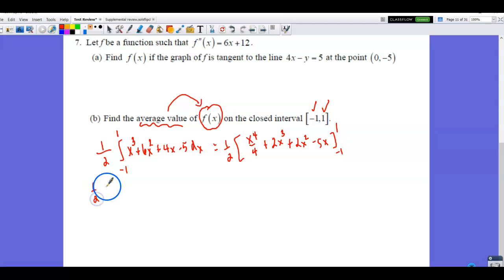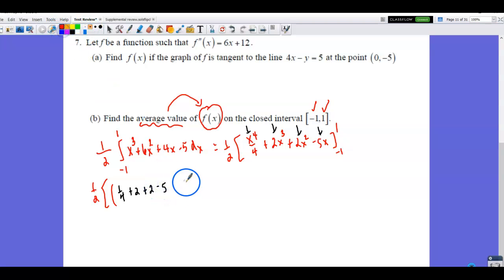So that's going to be 1/2 of, I'm substituting positive 1 in place of x here, here, here, and here. So that would be 1/4 plus 2 plus 2 minus 5.